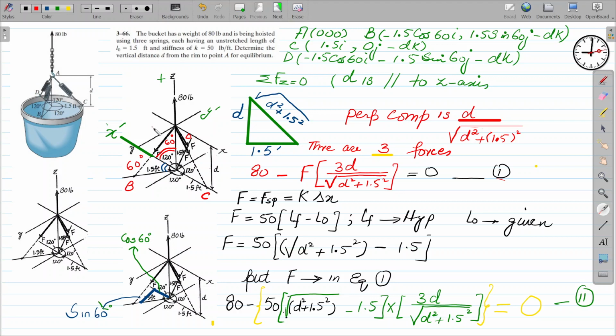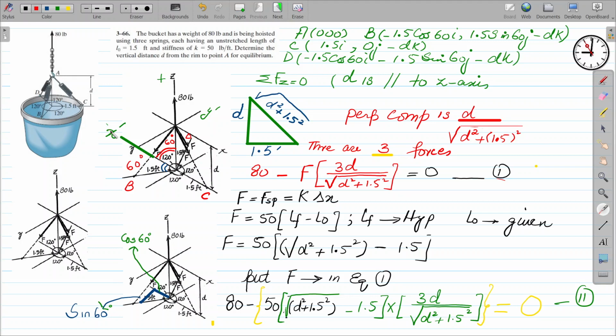Here we know that the angle between B and D is 120, and we also know that our x-axis is cutting straight along that angle, along the negative x-axis. Since the angle is 120 and this x-axis is cutting this angle straight between, we will make an assumption: the angle from this axis to where force FB is acting is going to be 60 degrees, and the other angle will also be 60 degrees.